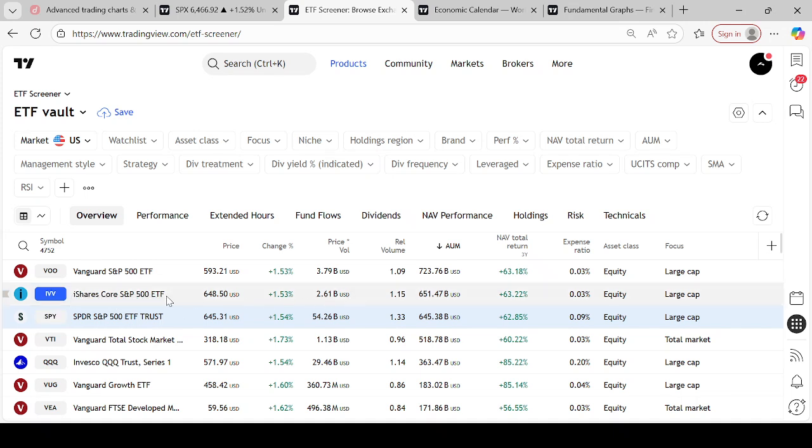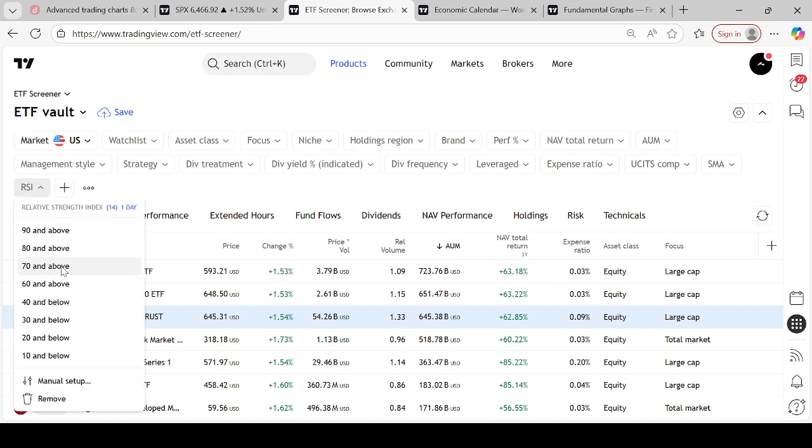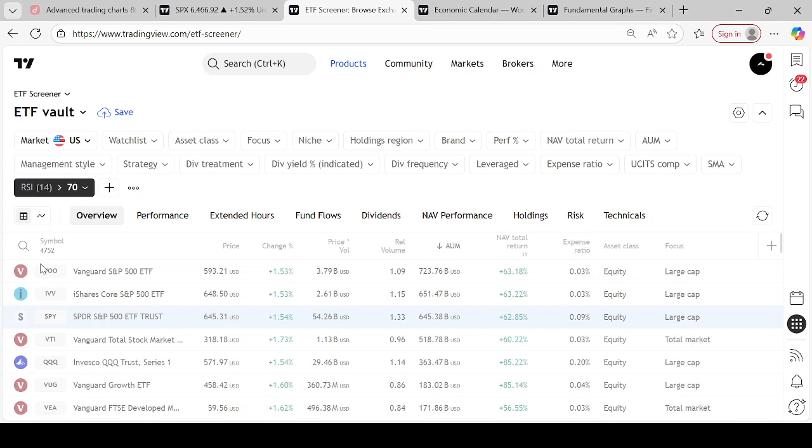To exit, all you need to do is monitor for decreasing relative strength compared to the S&P 500. You watch for the RSI to cross below 70 from 70 and above, suggesting an overbought condition.